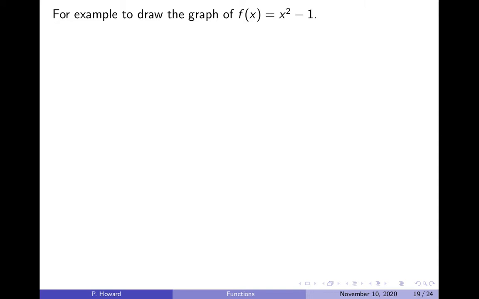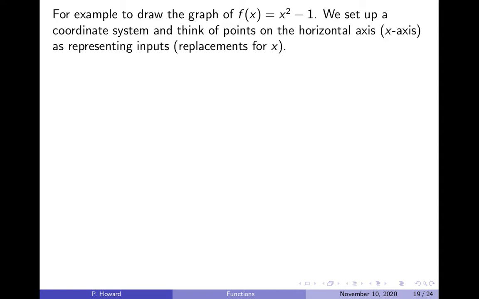This is a procedure that you have no doubt seen before. So let's try drawing the graph of this function with a fairly simple formula. f of x is x squared minus 1. So you set up a coordinate system, and you think of points on the x-axis as representing inputs.